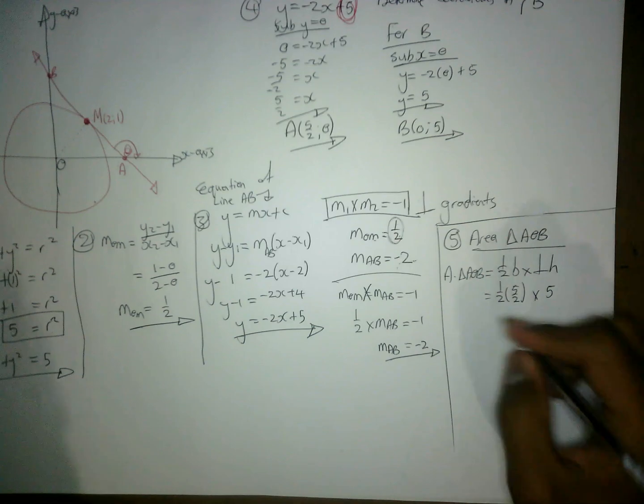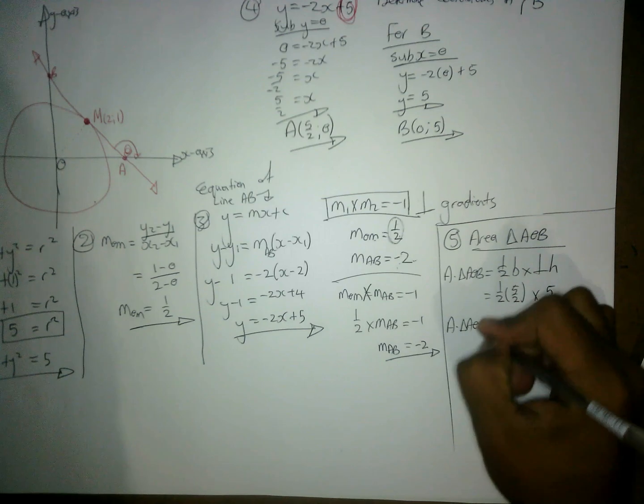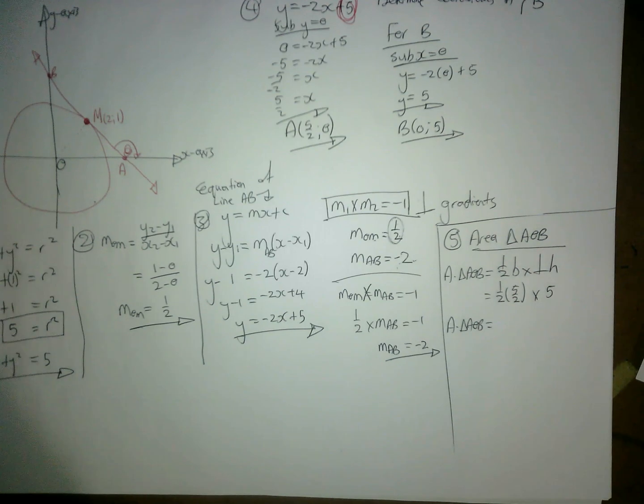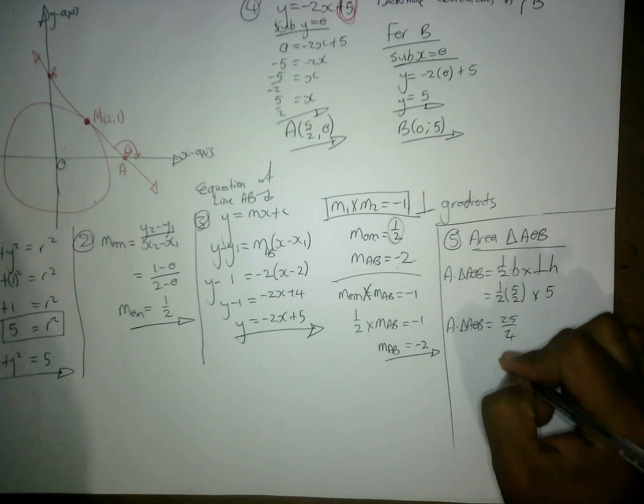Now it's calculator work. So the area of triangle AOB equals 25 over 4.